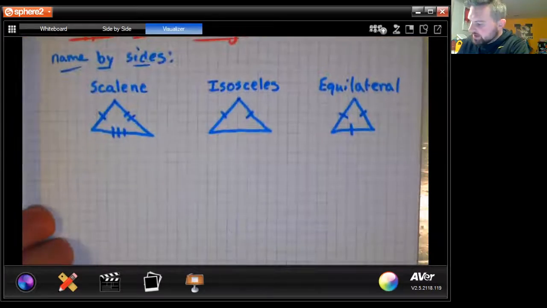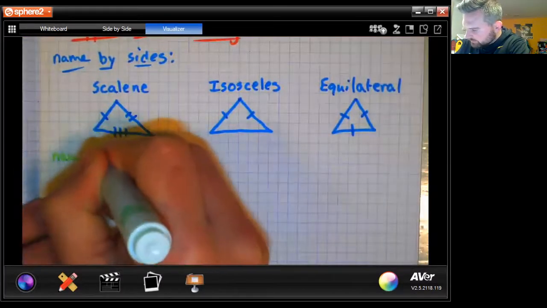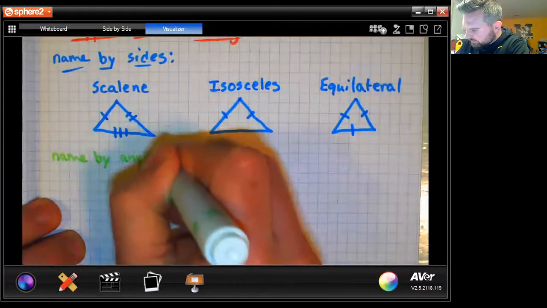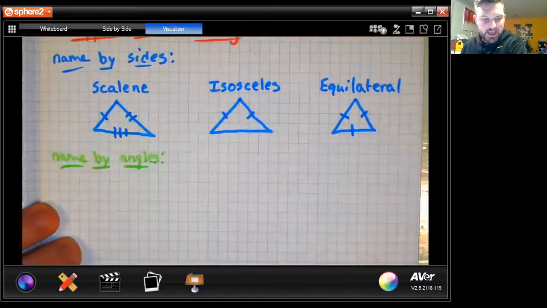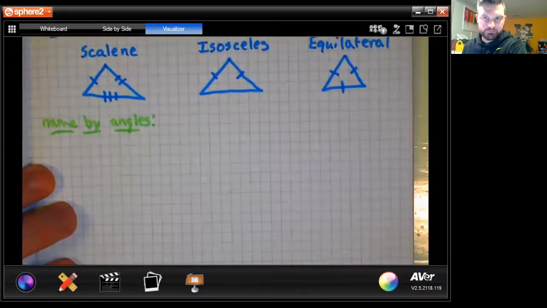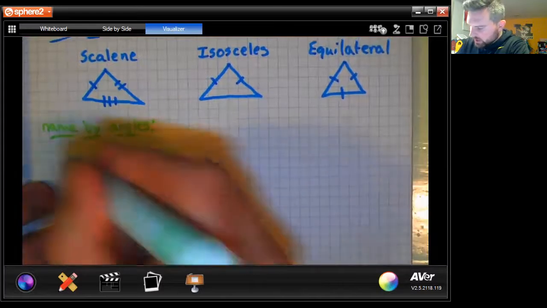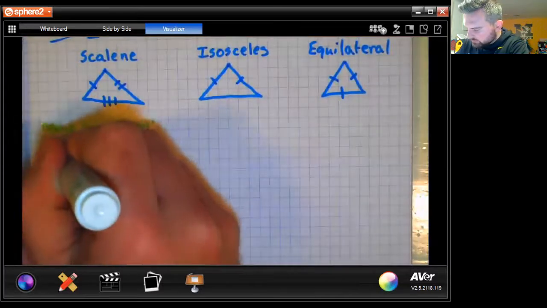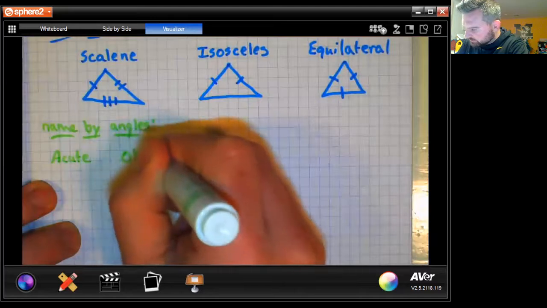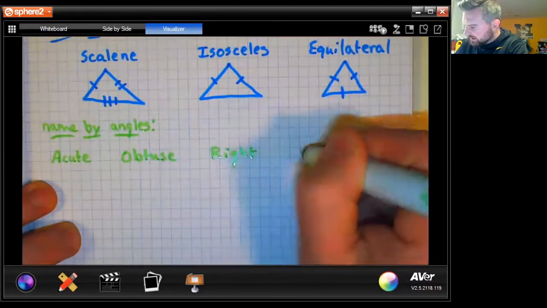If we want to name a triangle by its angles, there are four names for that. We have acute, obtuse, right, and equiangular.